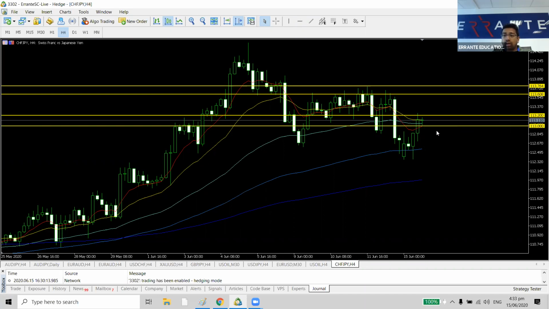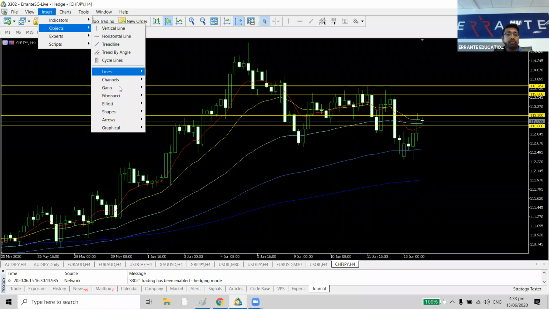Now the current price for CHF JPY is trapped between these two lines. If it breaks out above 113.20, that means you can buy, but it's quite limited, because it might find resistance here. So your trading area is only here at the moment. Let me do it in a box.